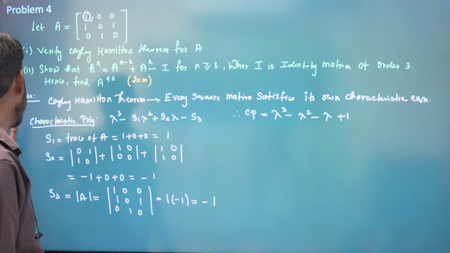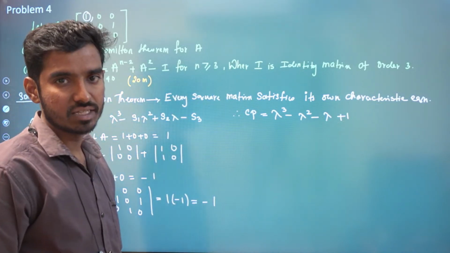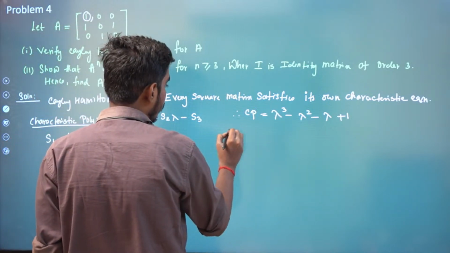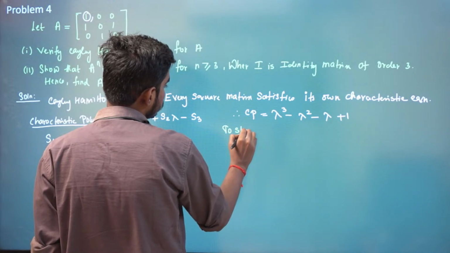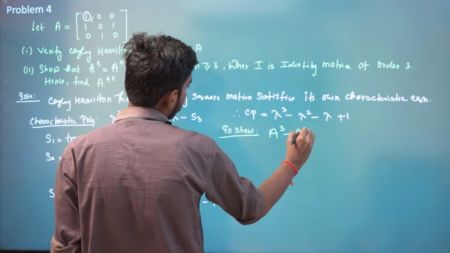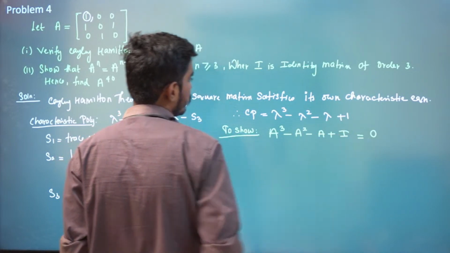Now, what the Cayley-Hamilton theorem says is every square matrix satisfies its own characteristic equation. That is, if you substitute A in place of lambda, what we need to show is A cube minus A square minus A plus I is equal to 0.